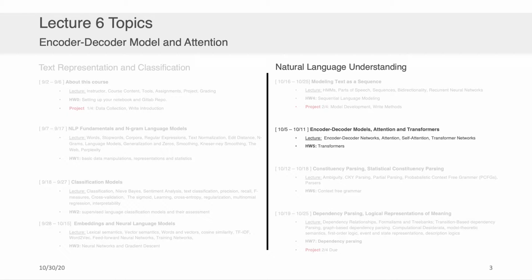Specifically, we're going to be speaking about encoder-decoder networks and how we can use an interesting extension of the encoder-decoder network, called attention, to create something called a transformer network, which serves as the foundation for all of the contemporary natural language processing tools that you see today. And in our homework assignment, you'll get some experience playing with a little bit of the transformers and looking into each of their specific flavors and implementations.